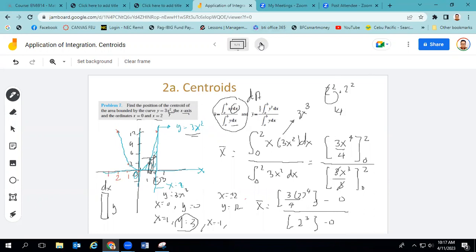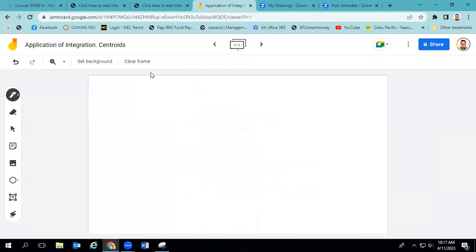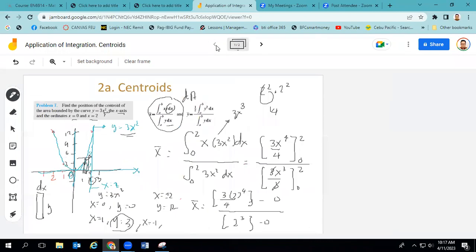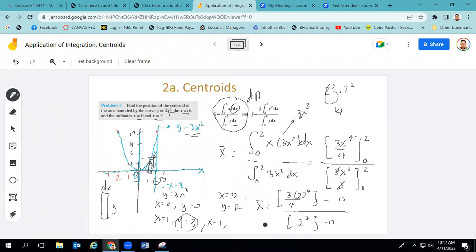So in other words, since you cancel out 4, x bar is equal to, again, let's go back. If you cancel out 4 here, this is actually 2 times 2, 4 times 2, 8 times 2, 16. Divide 4 is 4. 4 times 3 is 12.